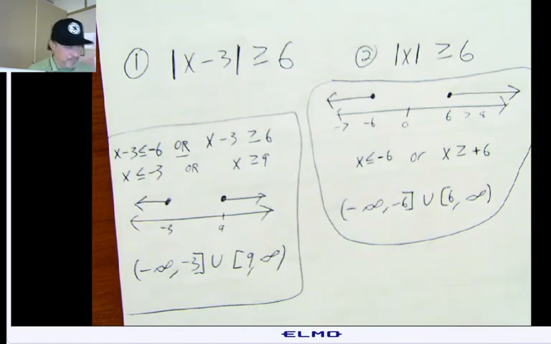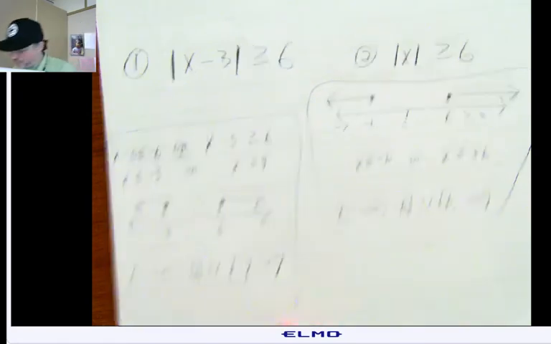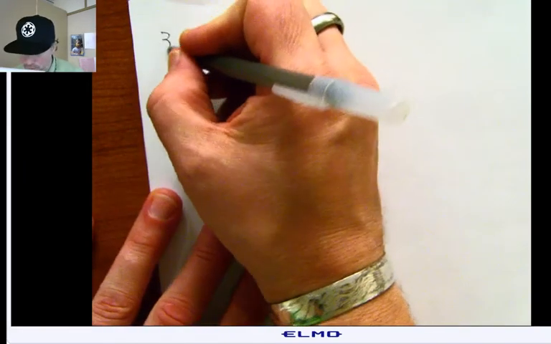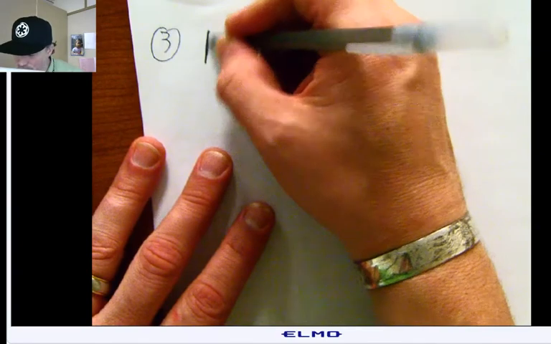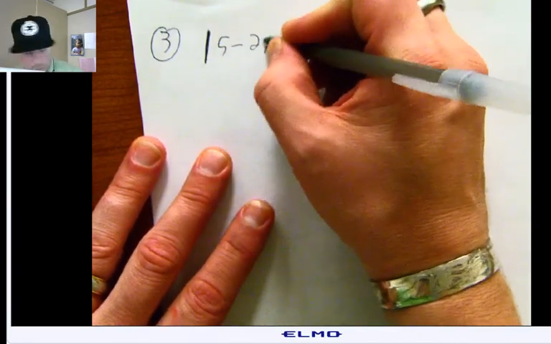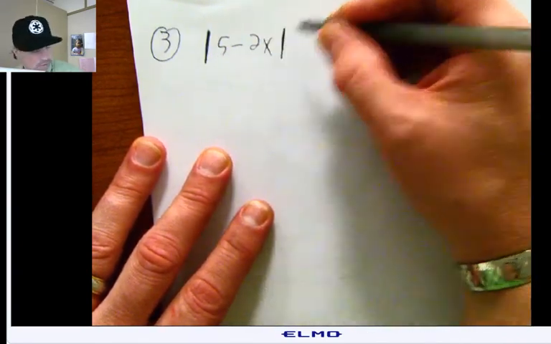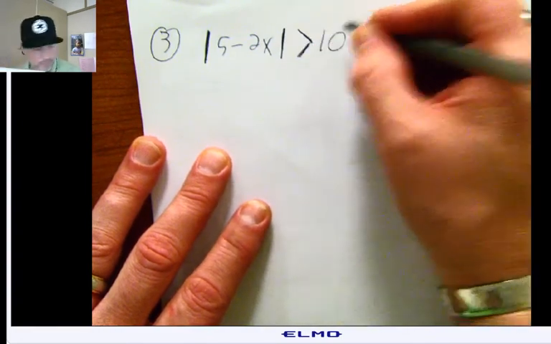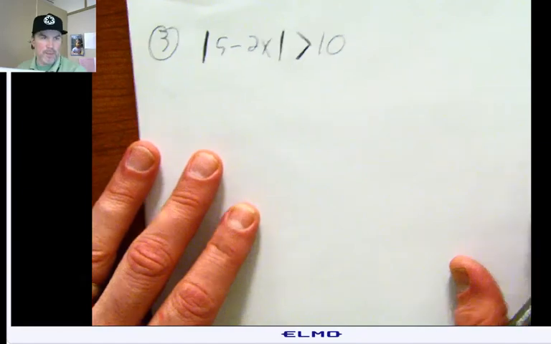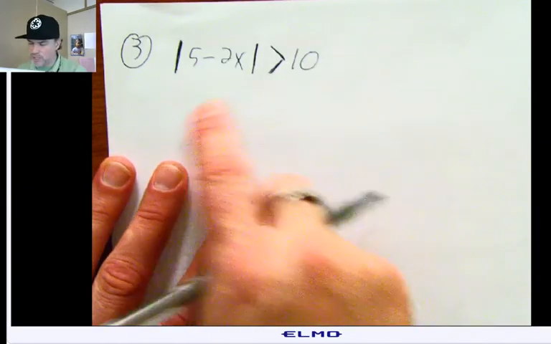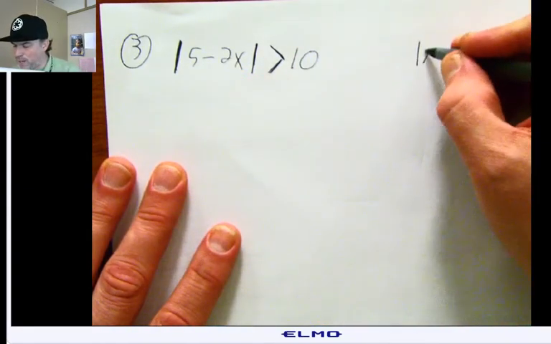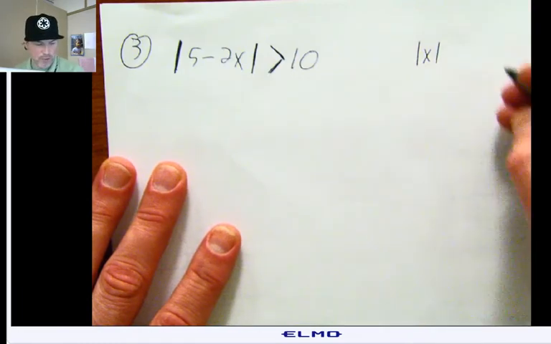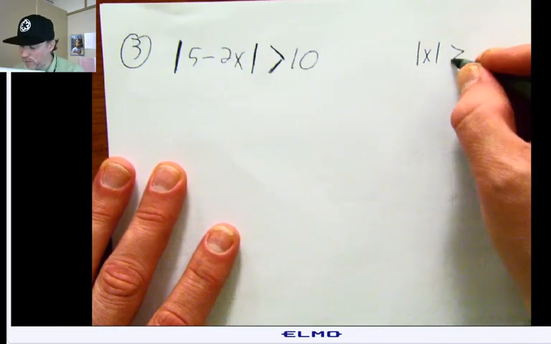Okay, let's see this next one. Example 3. So let's say I had absolute value of 5 minus 2x, close absolute value, greater than 10. Well, if you struggle with what you're supposed to do with this, think, well, what if it was a lot simpler? What if it was absolute value of x greater than 10?